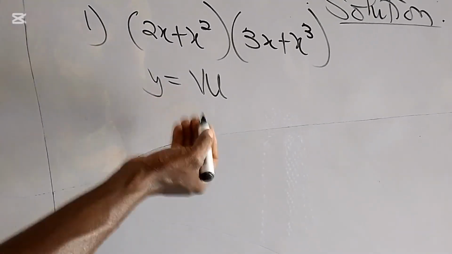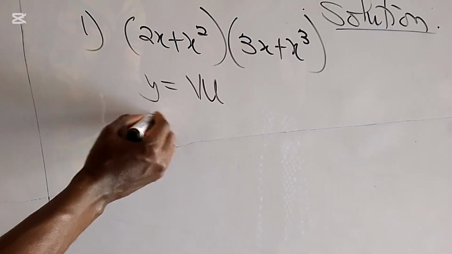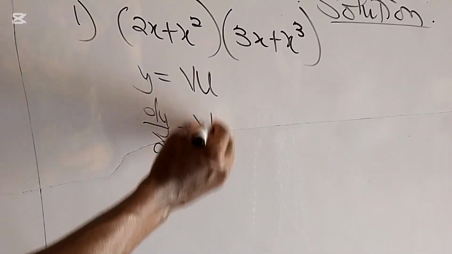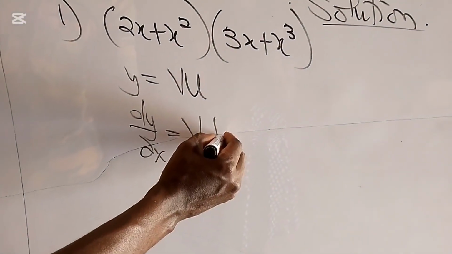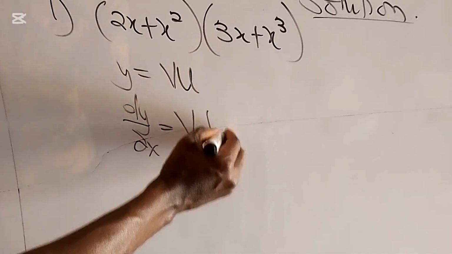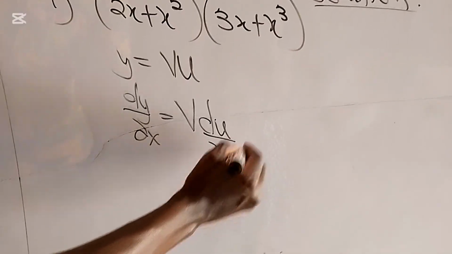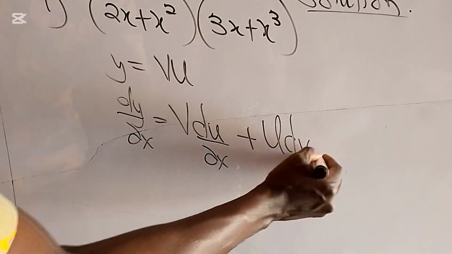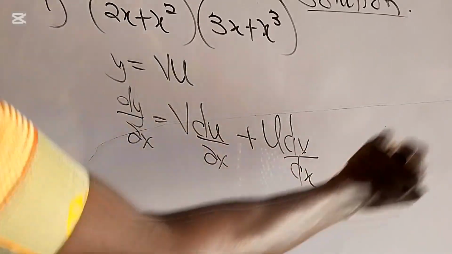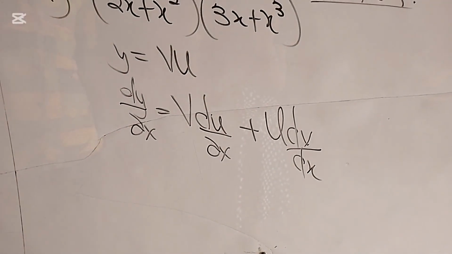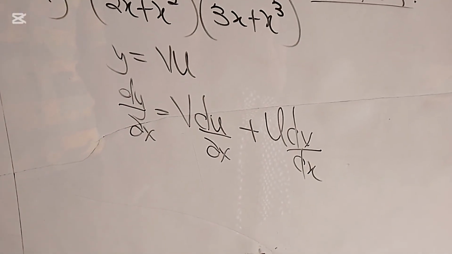So after differentiating, we have our dy dx giving us v du over dx plus u dv over dx. So this is the general formula that we have on board.